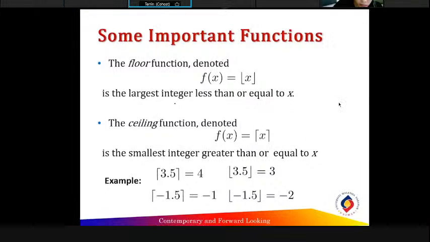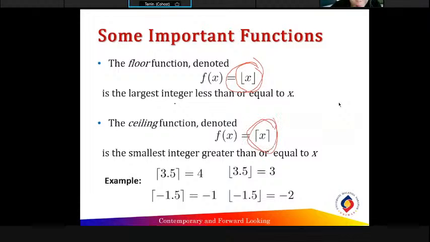So the floor function basically says that f(x) equals this symbol here. I normally say that if you look at this, it's as if your hands are going down. And this is your hands above your head. So this is your lowered hands and this is your raised hands.